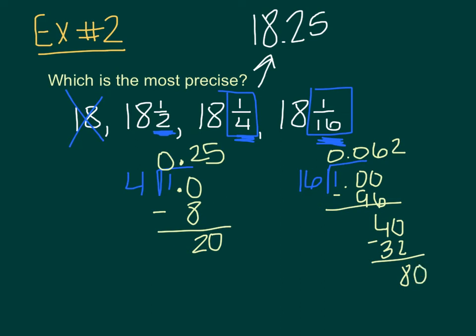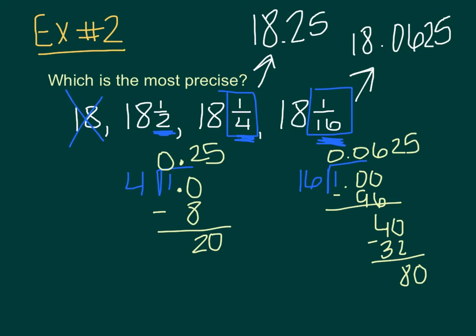And 16 goes into 80 5 times evenly. So if we change this mixed number into a decimal, it would be 18 and 625 ten-thousandths.